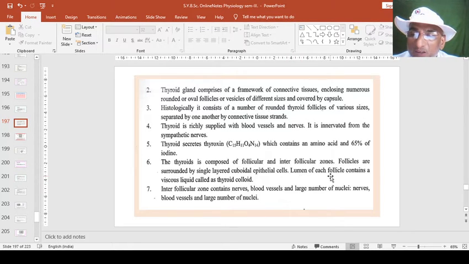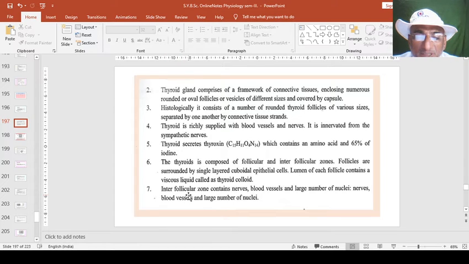Then lumen of each follicle contains a viscous liquid called as thyroid colloid. So thyroid secretion is in a colloidal nature or jelly-like nature, therefore it is called as thyroid colloid. So this is the secretion of thyroid.